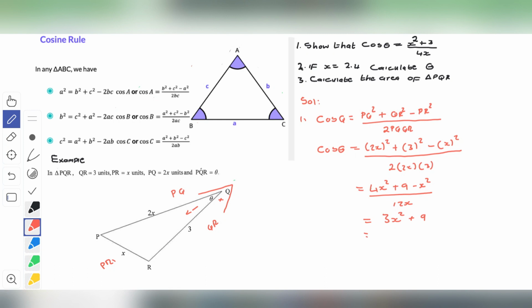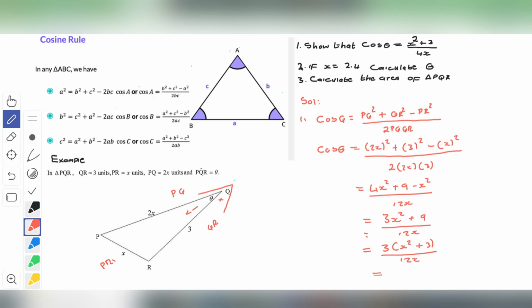So after here we can do what? We can divide by 12x, sorry. Then after here we can take out 3 as a common factor. Therefore we'll be left with x squared plus 3 all over 12x, right?